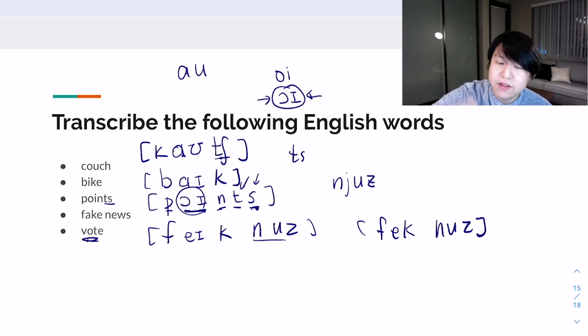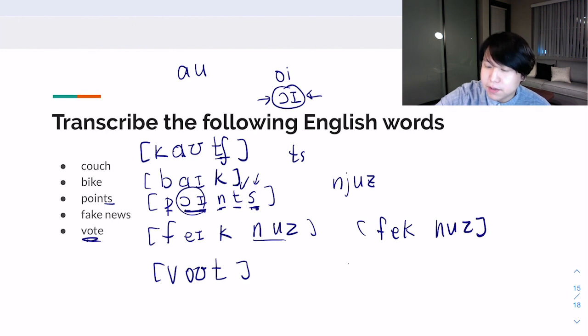Vote. This is another diphthong that is realized as a monophthong in some dialects. So v and t, and the vowel within these two sounds is o. It starts with o and then ends with u. In General American convention, it will be the diphthong, but in many other dialects, like the Californian accent, it will be a monophthong.